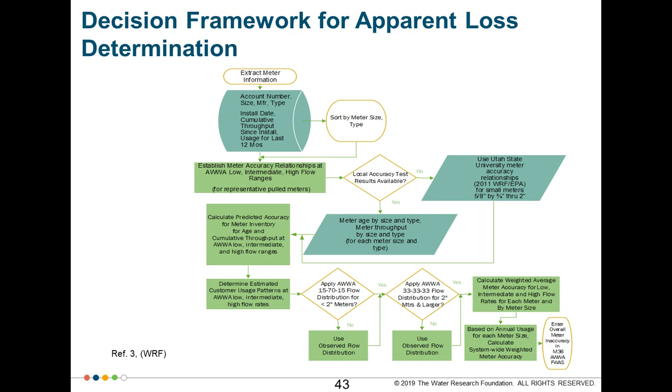The regression equations can be applied to the utility's comparably sized and typed meters, and together with an appropriate distribution of metered flows, a weighted average meter inaccuracy can be calculated. In turn, this calculated value can be combined with the weighted average inaccuracy for the utility's remaining meter sizes and types to produce a system-wide value to enter in the water loss audit.